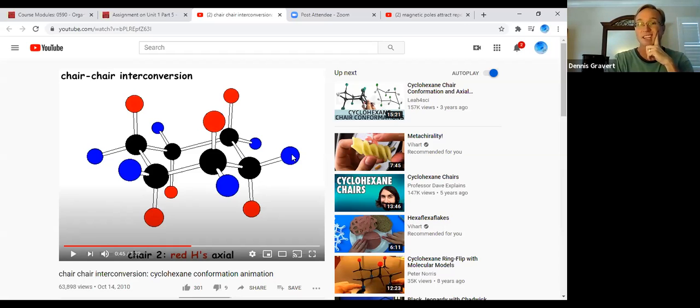And let me ask you this: the blue hydrogen, is it more up or more down? It's up, right? It's slightly up. So as an axial bond becomes equatorial, what was standing up is still standing up, pointing up. That's the pattern. That's what we need to know to do our conformational analysis.